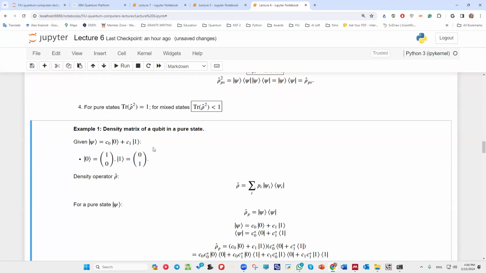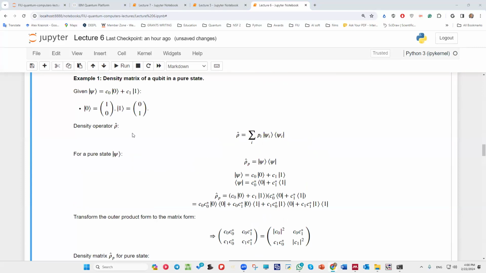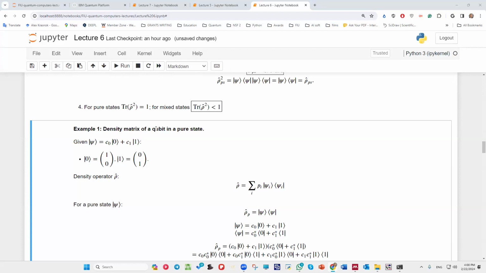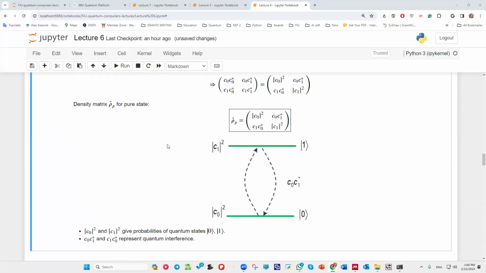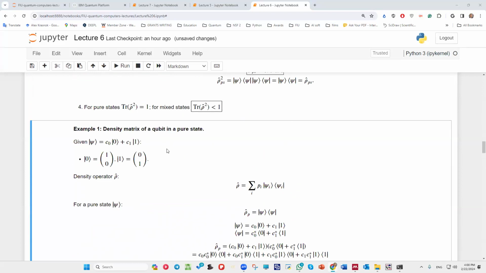So having said all this, let me give you this example, simple yet very important, specifically for the rest of the course. Let us consider the density matrix of a qubit in a pure state.